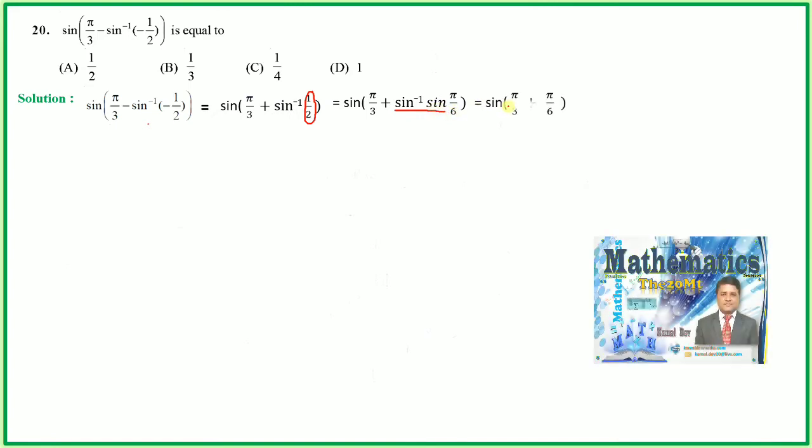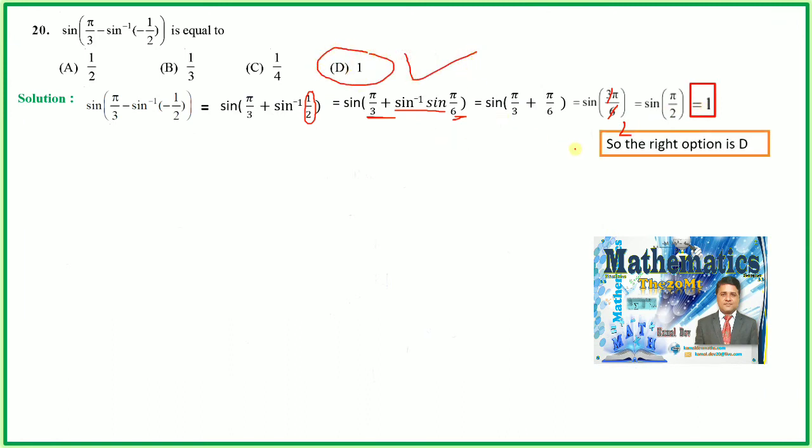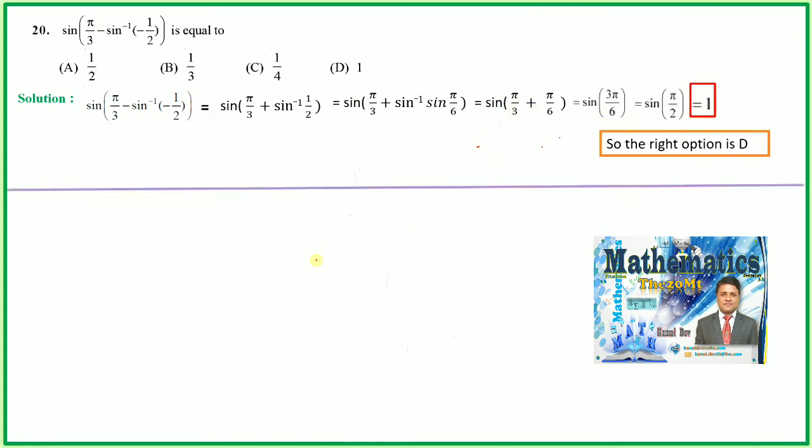So it is equal to sin of pi by 3 plus pi by 6. Then taking LCM 6, 2 pi plus pi is equal to 3 pi by 6, so sin of pi by 2, sin 90, is equal to 1. So the option D is the right option. Right option is D.